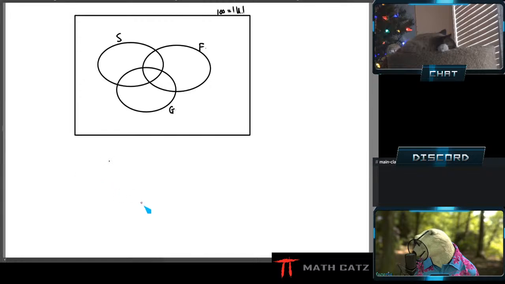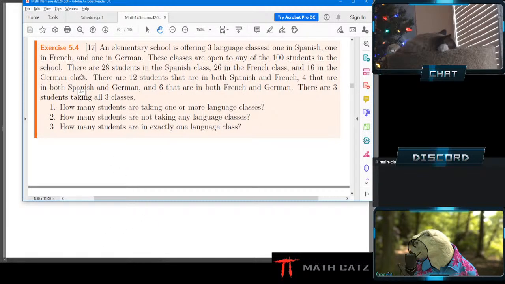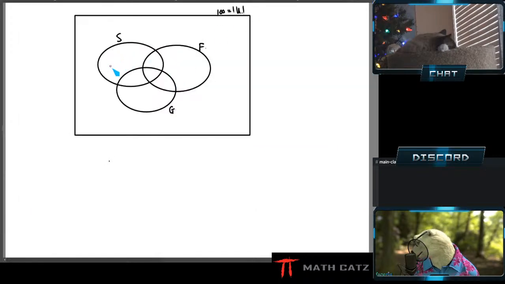Now, they tell me there are 28 students in the Spanish class. But at this stage, the Spanish circle consists of different regions. So I can't put the 28 in. Well, I can, but I really shouldn't because I'm going to forget what that 28 represents.